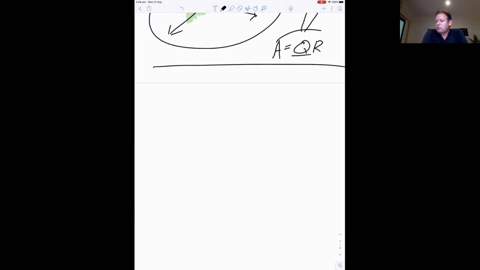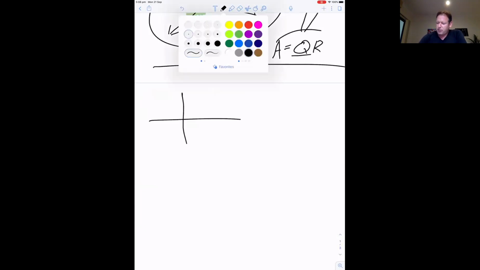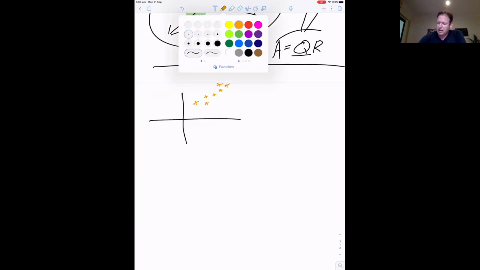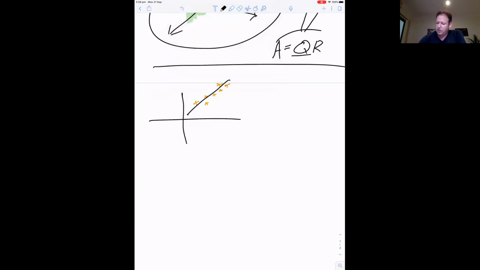Okay, so that was this story. Now then you had a quiz, and after the quiz we dealt with the story of data, where you have points here and you're fitting a line through these points, and each point is of the form xi, yi. So that's an xi coordinate and that's a yi coordinate.